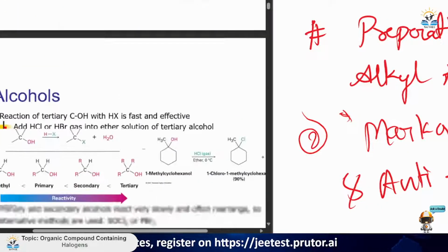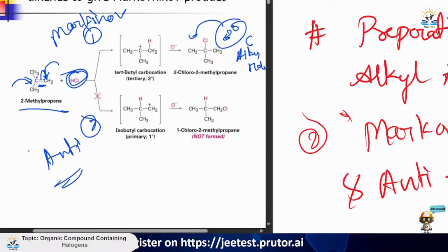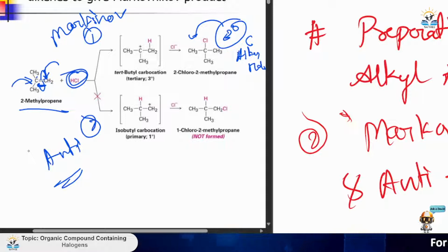Now, if the double bond goes the other way, then the positive charge will come to the endmost carbon, so the hydrogen will be here only. Now if we connect Cl minus and Cl comes here, we have a 1 degree alkyl halide.